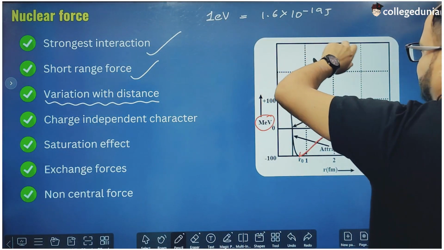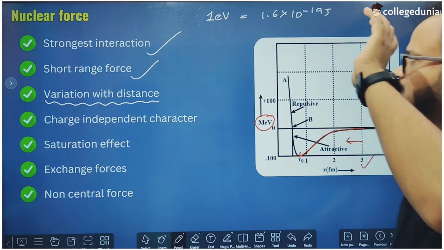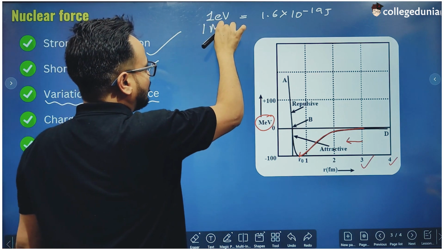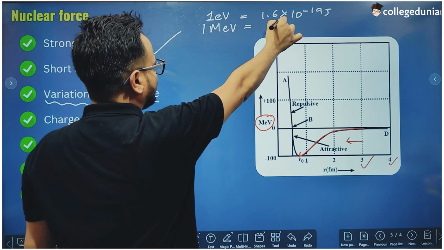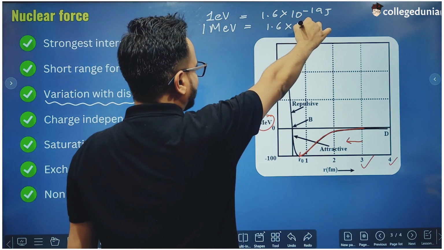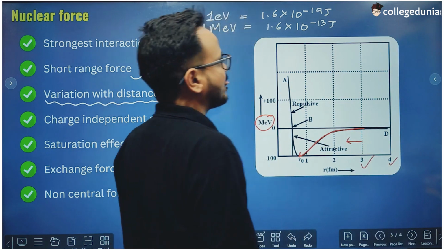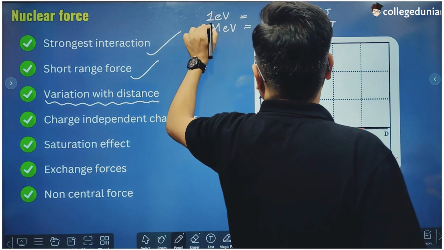So if you multiply this with 10 raised to power 6, you get 1.6 into 10 raised to power minus 13 joule. And that is 1 mega electron volt, right? 1 mega electron volt is 1.6 into 10 raised to power minus 13 joule.